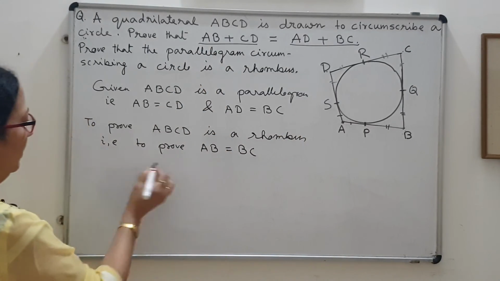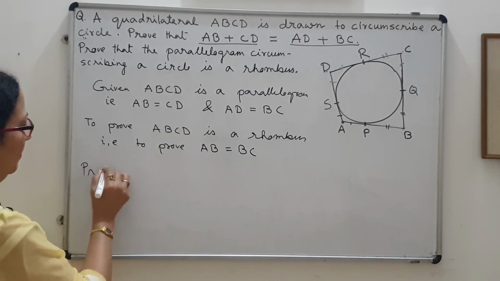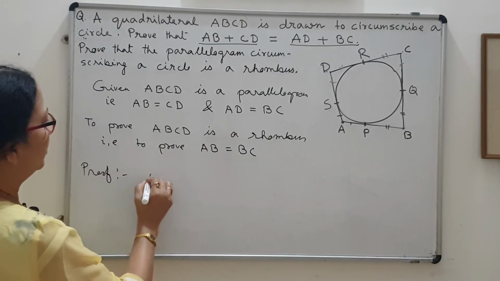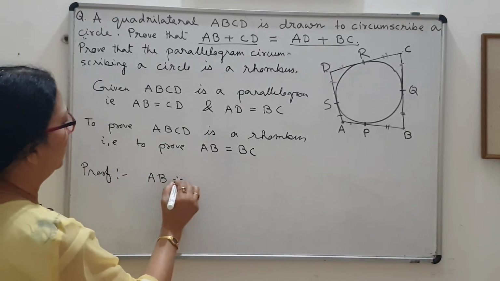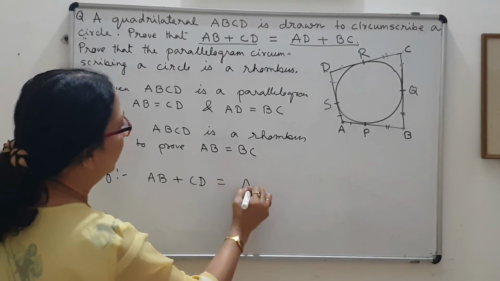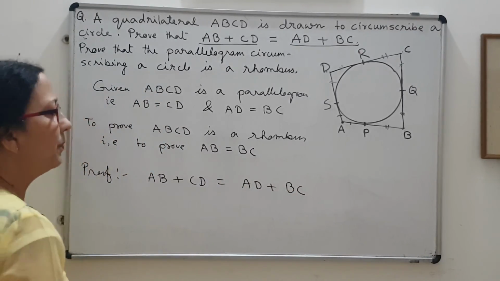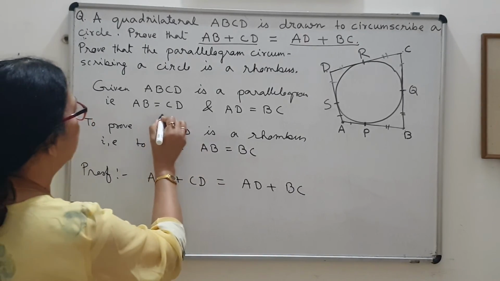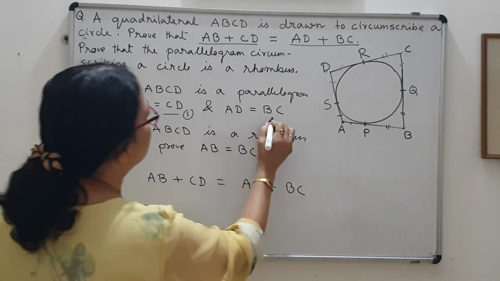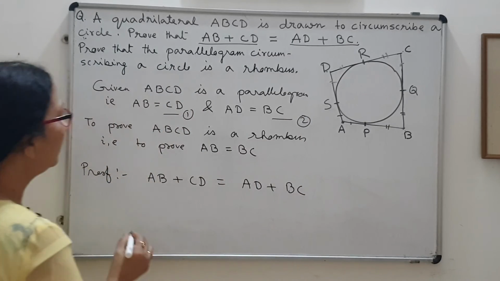We first prove AB plus CD is equal to AD plus BC, the way I have proved just now. So I will be applying this, say this is equation 1 and this is equation 2.